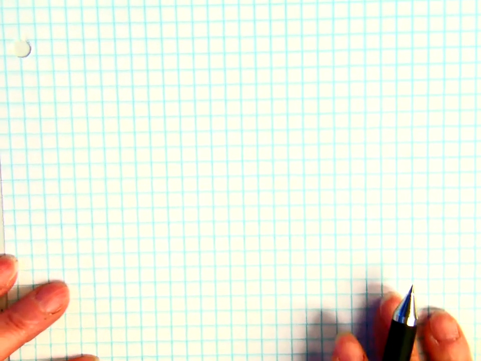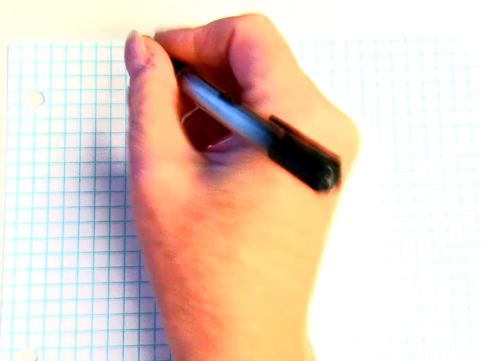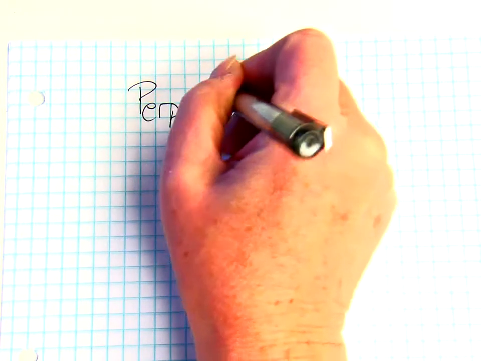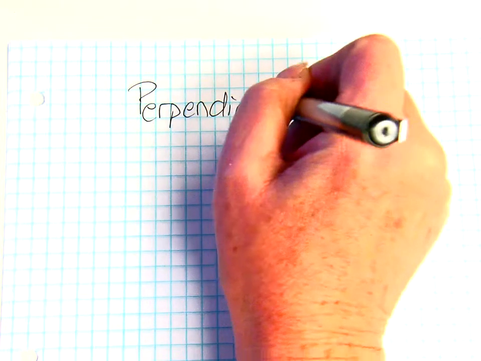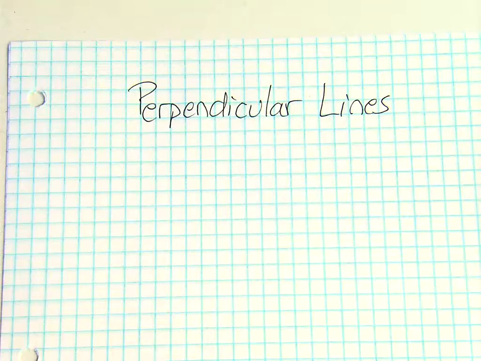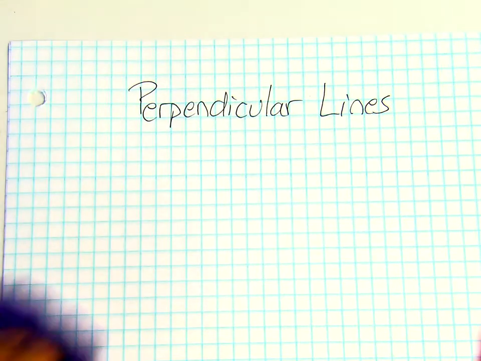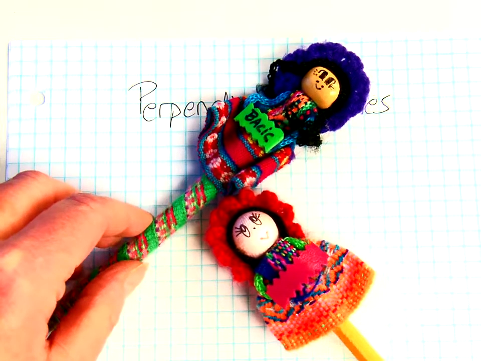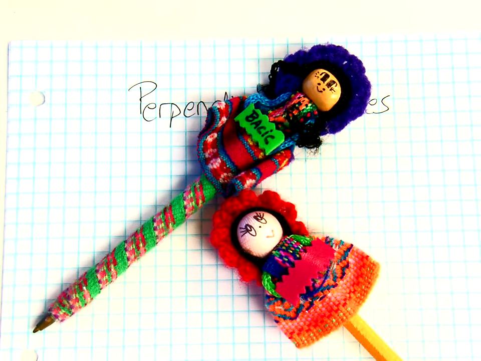We're going to now talk about perpendicular lines. I also love perpendicular lines because they are also very easy. I am going to bring out the twins again because perpendicular lines will intersect at a right angle.